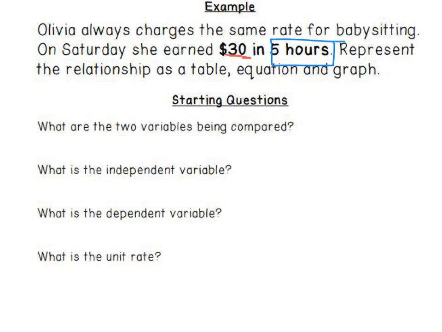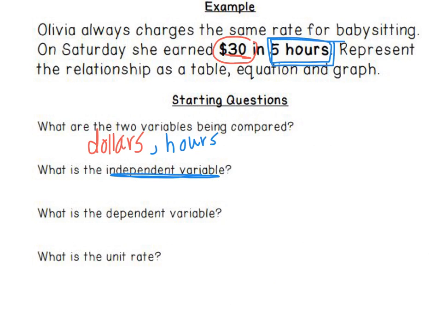But before we do that, we need to know what the two variables being compared are. And so we can see first that it's dollars and hours. Those are the two things that are being compared here. And so the independent variable is what I can control, or in this case, what Olivia can control.